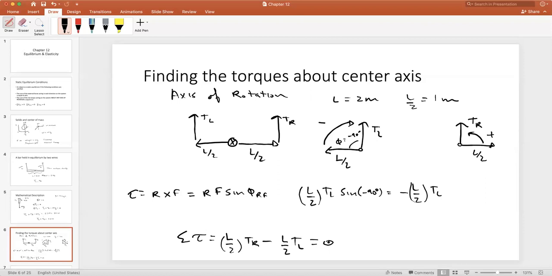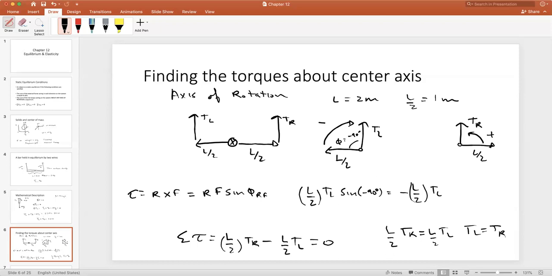And that is equal to 0. The sum of the torques is equal to 0. Those are the only two torques acting on this system. And we get that L over 2 times T right is equal to L over 2 times T left. Divide through by L over 2, and you get that T left is equal to T right.